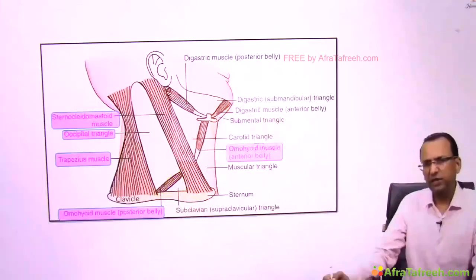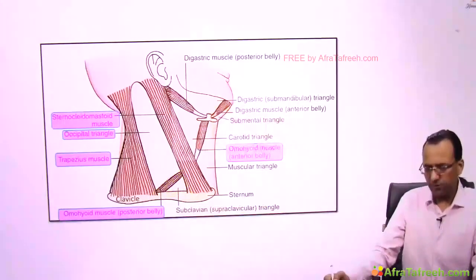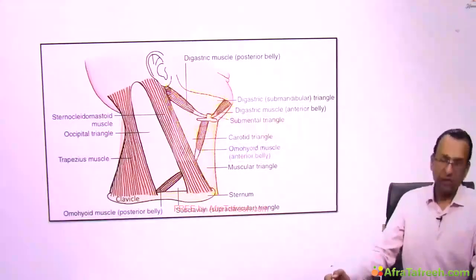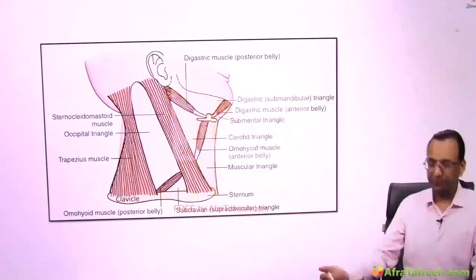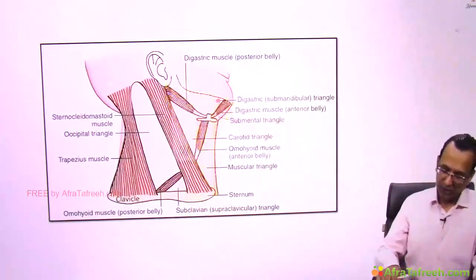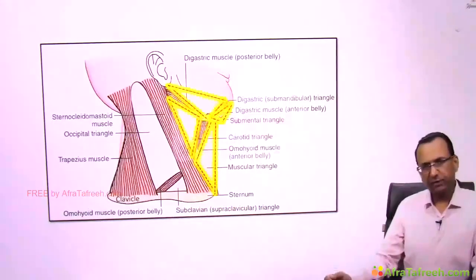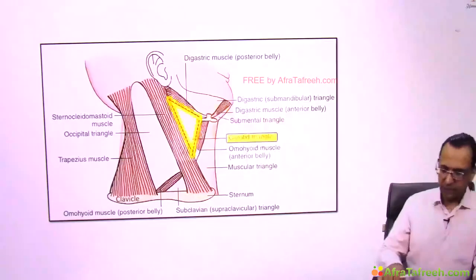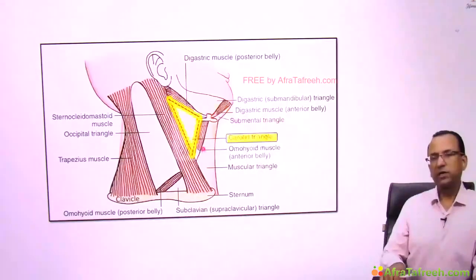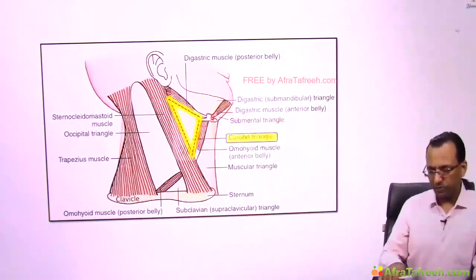Yes. Can I see the magnified view? Yeah, magnified view will come, but here let us discuss the names of the anterior triangles first. Overview of the triangles first. So these are the anterior triangles. This is carotid triangle bounded by superior belly omohyoid.